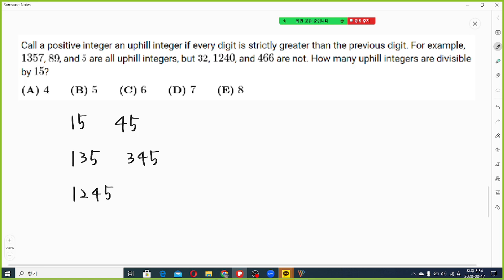Six, seven, nine. Is there any other number?